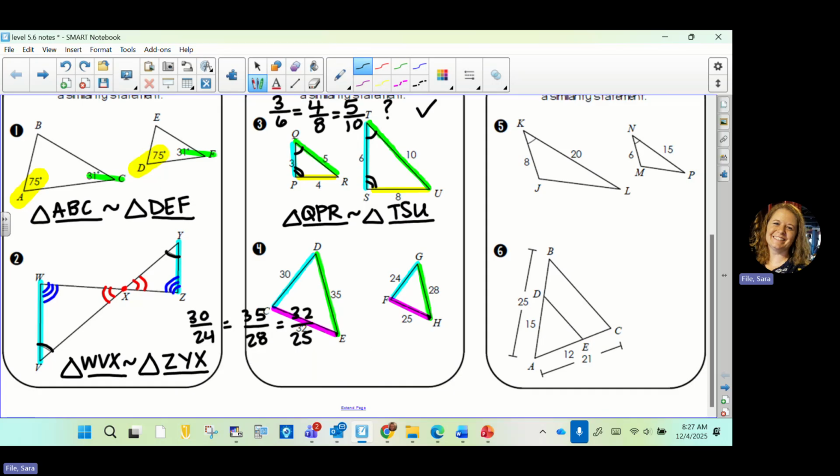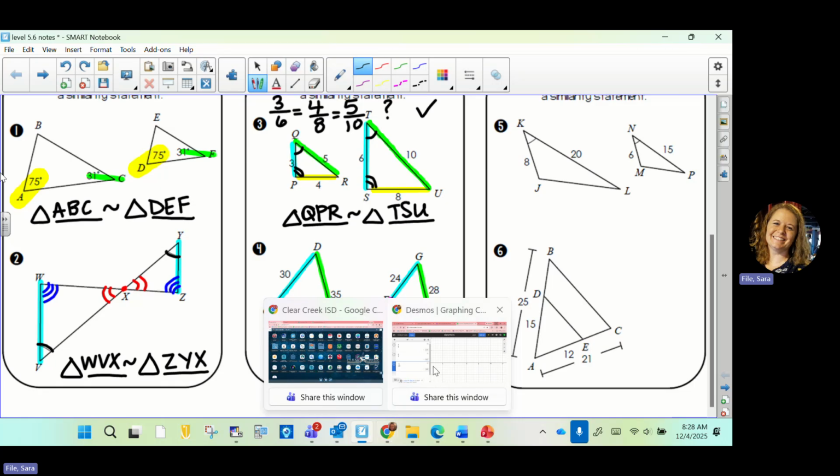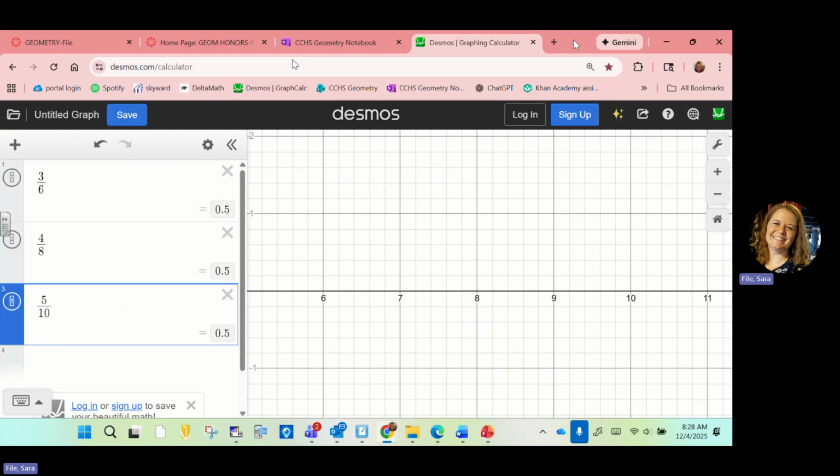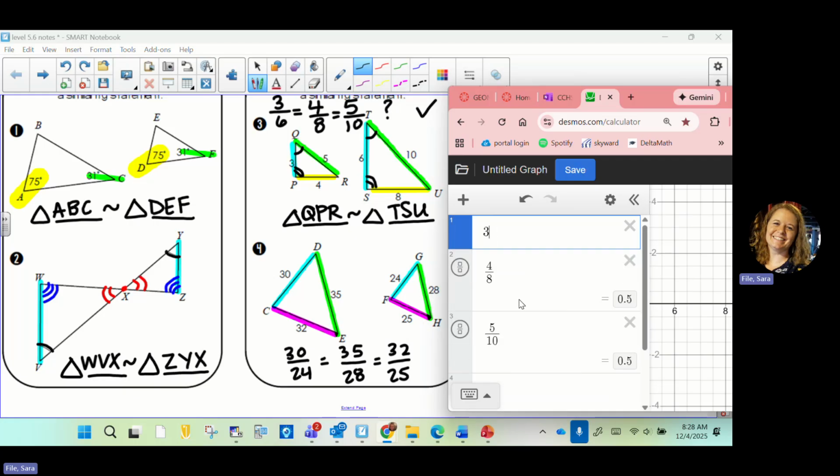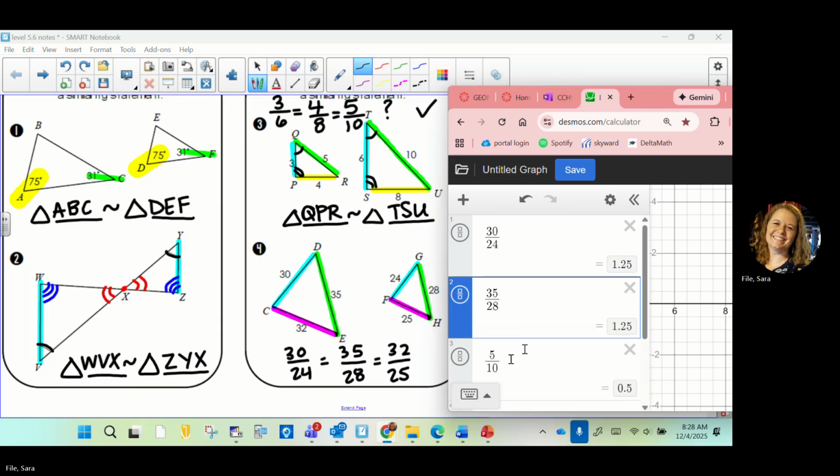So this one is not as obvious as the 1/2. All those reduce to 1/2. You may not be as easily able to reduce sometimes. So sometimes you may rely on your calculator. So 30 over 24, 35 over 28, 32 over 25.